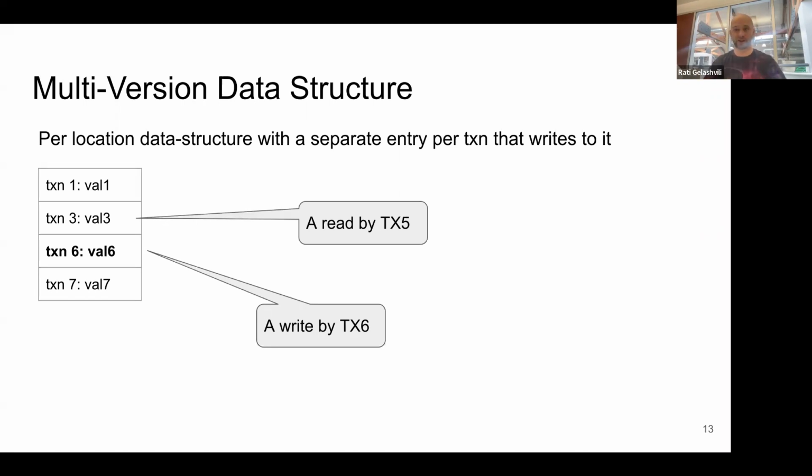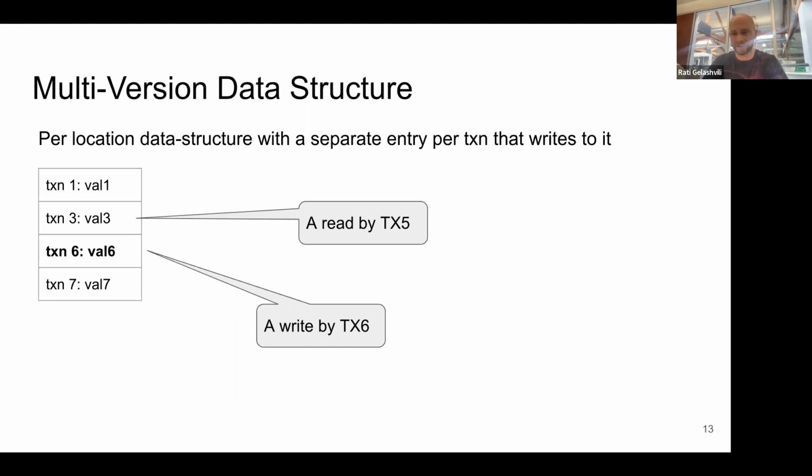So the rationale here is that we are adhering to the sequential order, right? In a sequential execution, 5 should read the highest thing that any transaction before it writes, or if nobody writes, then it should read from storage. So it's the same logic, right?